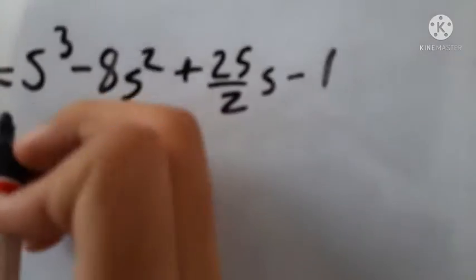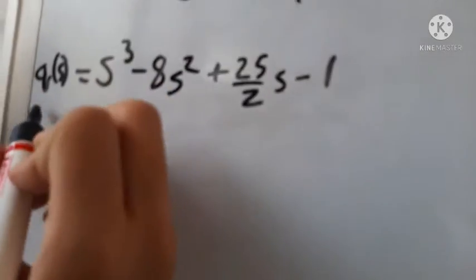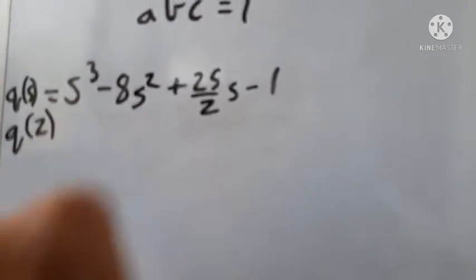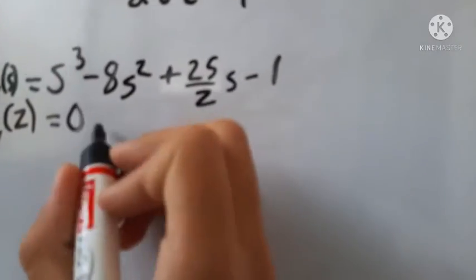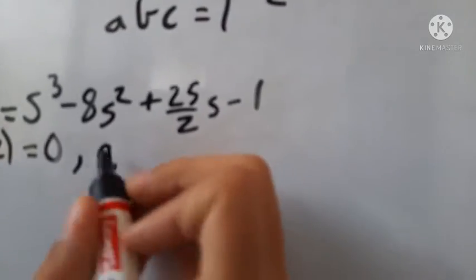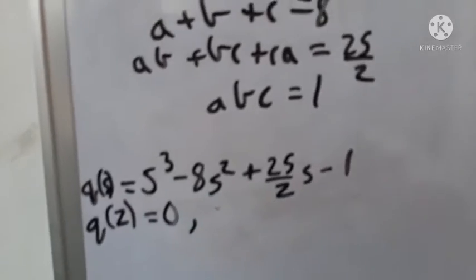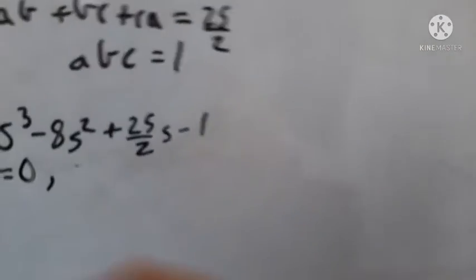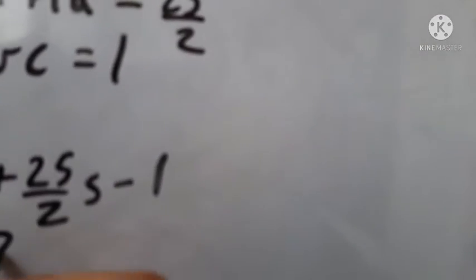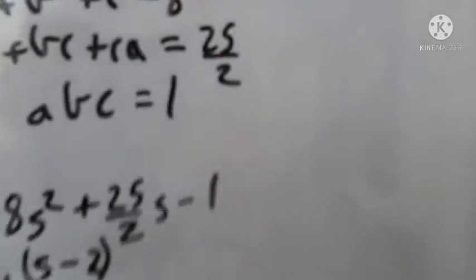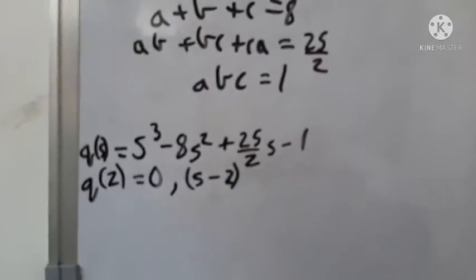I'm going to try s equals 2, because if q of 2 is equal to 0, that implies s minus 2 is a factor.